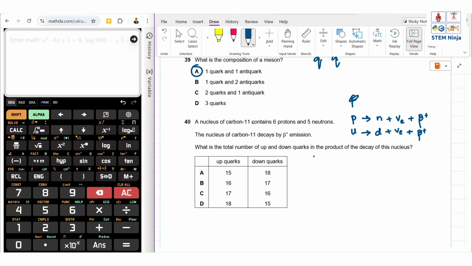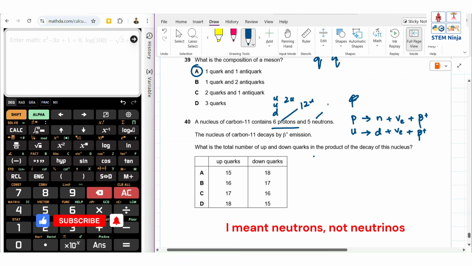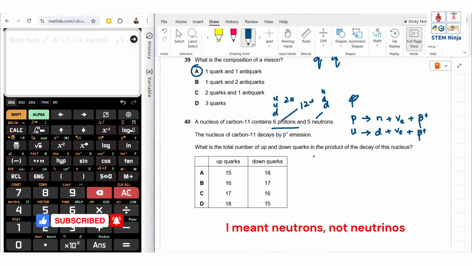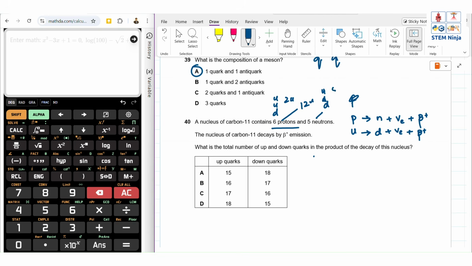So it has 6 protons. Now one proton has up, up, down. That means 2 ups in one proton. So 6 protons will have 12 ups. Along with that, each neutron has one up and two downs, so 5 neutrons give 5 ups. So this means before decay it's 17 ups.